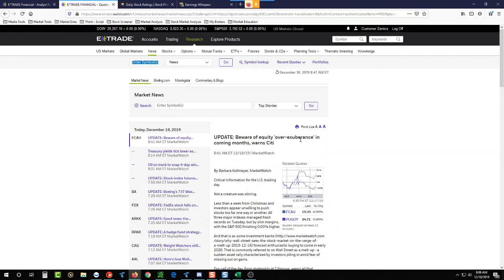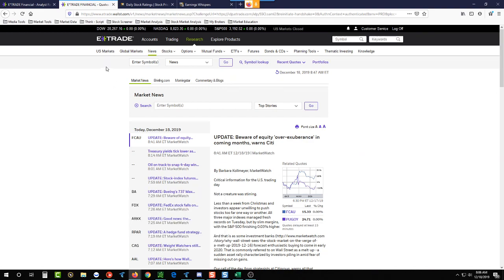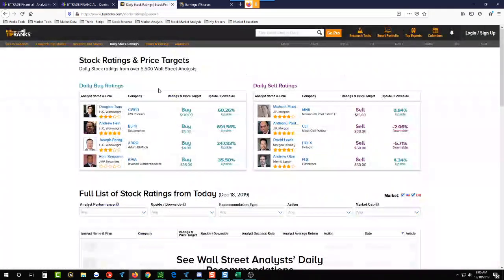Here's my E-Trade account, and you can see that I could enter a symbol and check news on it. I've also just got the news as it's coming in. But there are also analyst recommendations. The analyst recommendations come from a company called TipRanks.